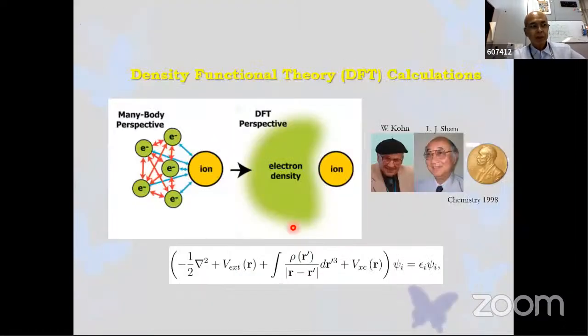Okay, so what we are doing is the DFT calculation. What is DFT? This is just like an image of DFT. There are many electrons in the material, of course. But we cannot understand how each electron is moving, as all electrons are interacting one by one. This is completely impossible because there are as many electrons as the Avogadro number.